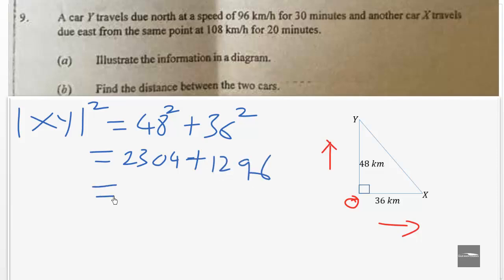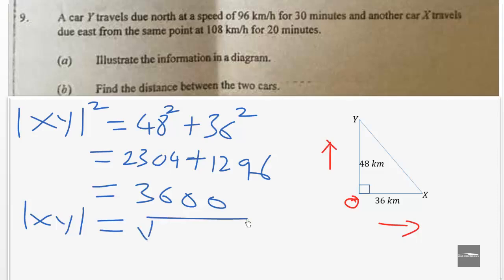When we add these, it will give us 3600. So we take the square root of both sides to get XY, the distance from X to Y, equal to the square root of 3600, and that will give us 60 kilometers. So the distance between the two cars is 60 kilometers.